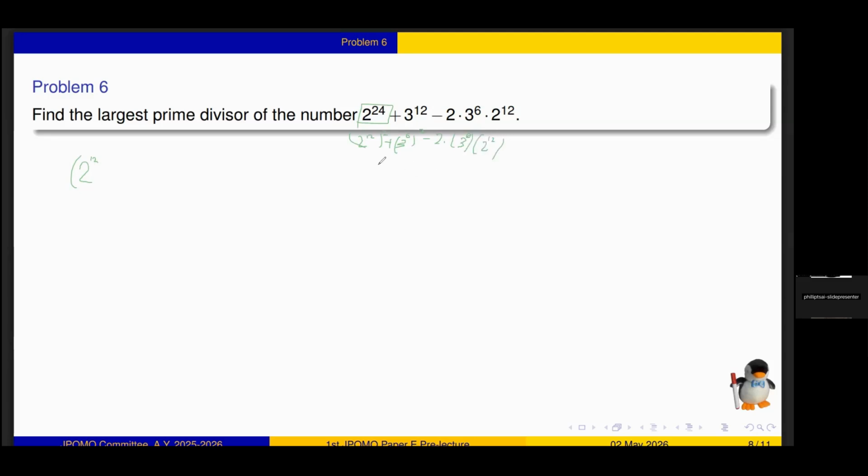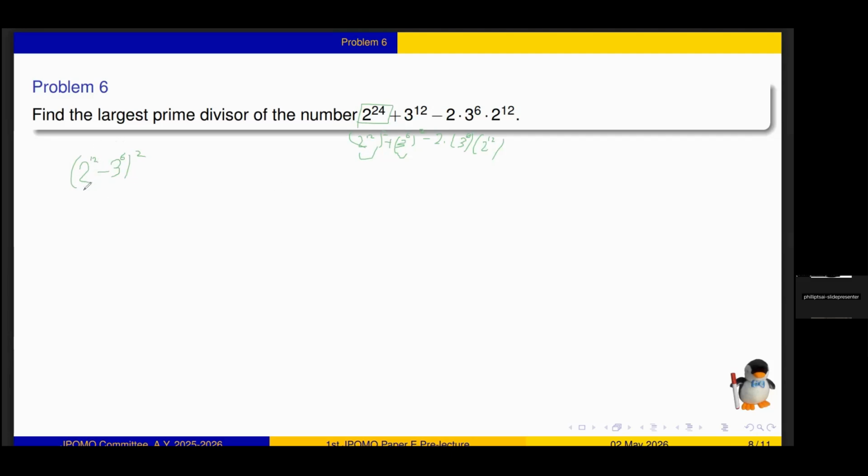We can just take these as our numbers, 2 to the 12 and 3 to the 6. And since this is minus 2 times their product, we must have 2 to the 12 minus 3 to the 6 squared. That must be our expression. Yeah, perfect square trinomial, basically.